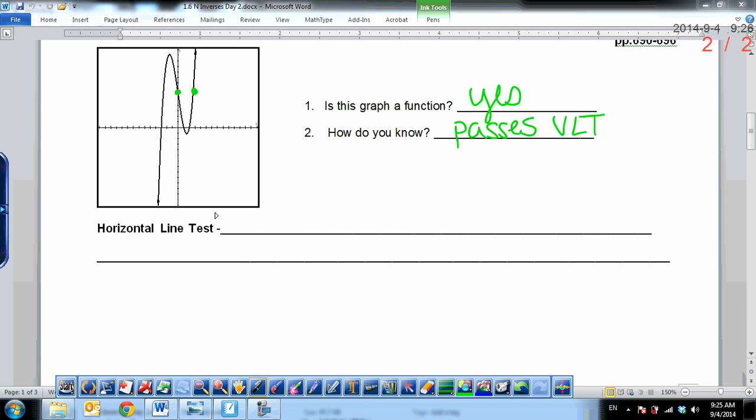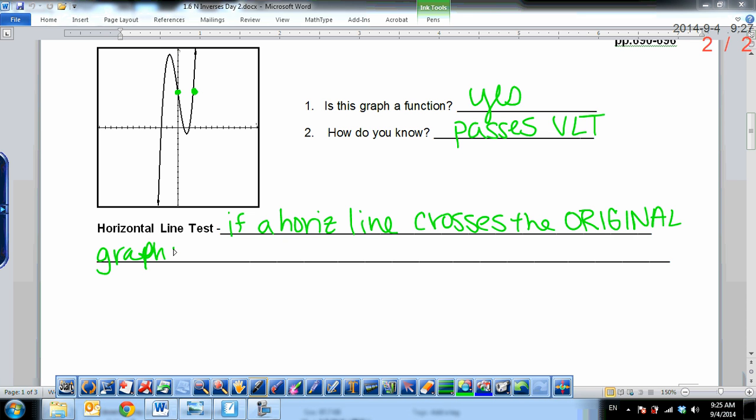So the horizontal line test says if a horizontal line crosses the original function, or the original graph, more than once at any point, then we know that the inverse is not a function.